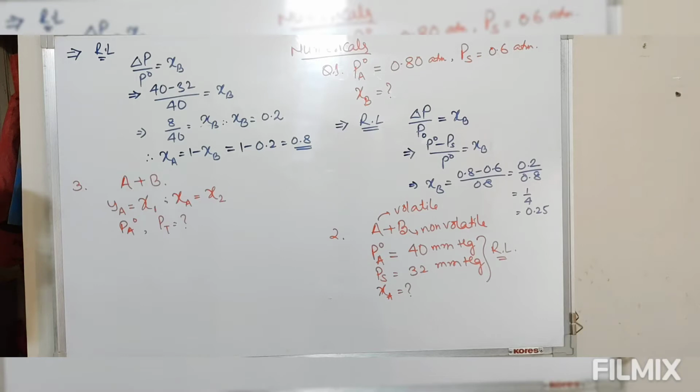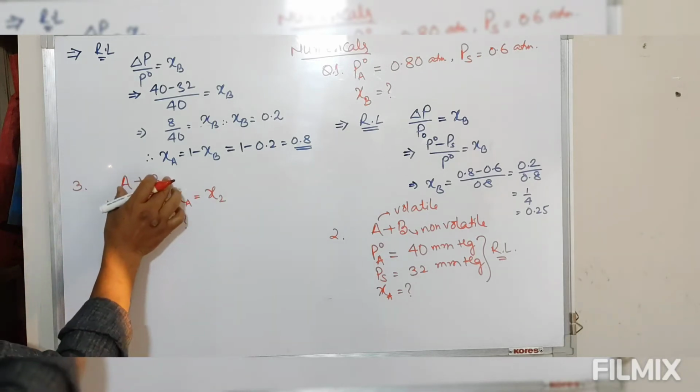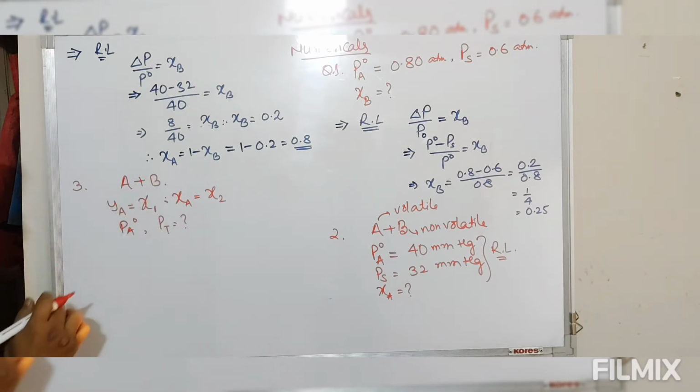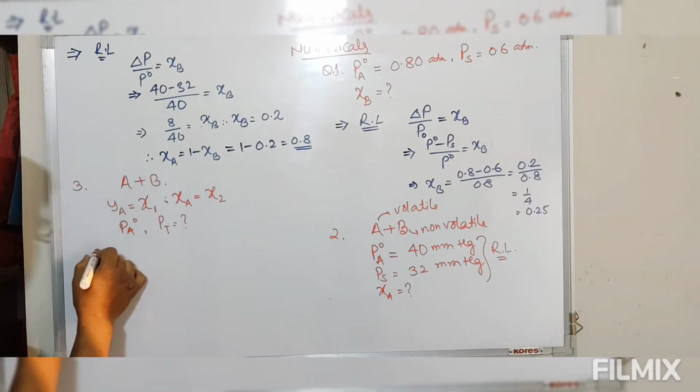Now we have this equation, total vapor pressure, mole fraction. So we have this from Dalton's law.